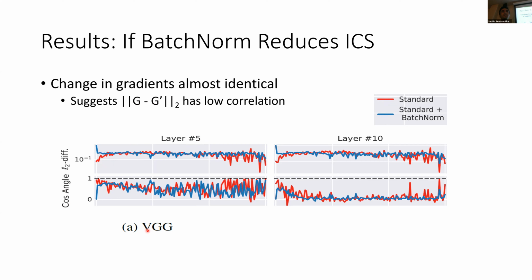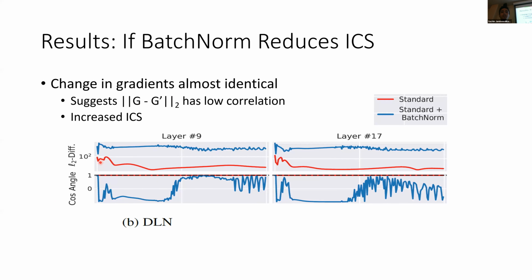This was for a VGG network, and in certain cases, they noticed that using batch norm actually increases this gap. So in the DLN, the deep linear network, the L2 difference actually increased after applying batch norm.